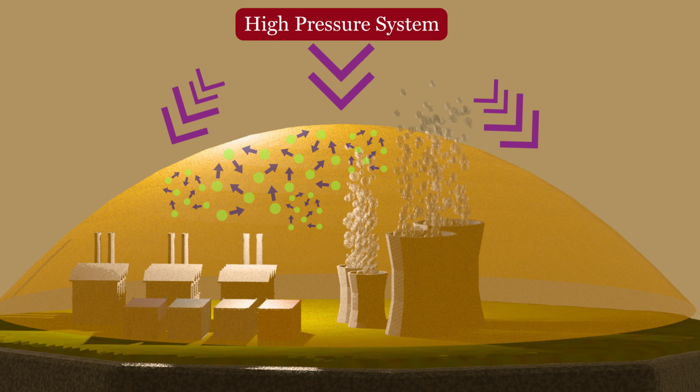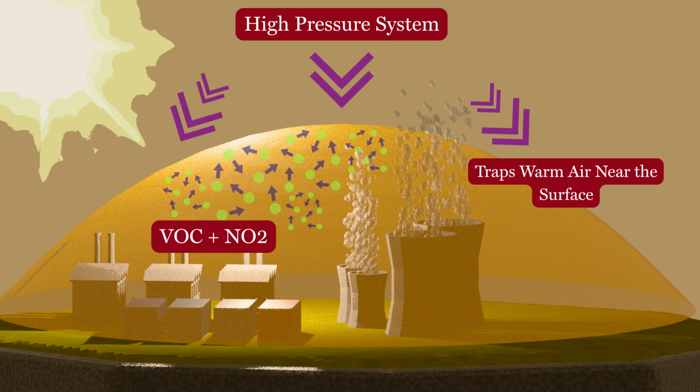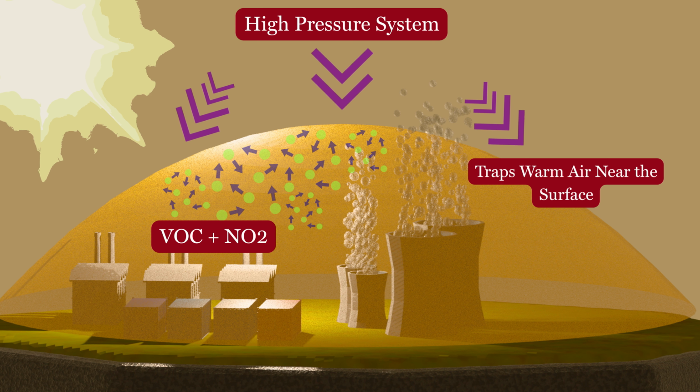This is often known as a temperature inversion, preventing the pollution from dispersing. So while it looks like a harmless haze, photochemical smog is actually a toxic mix of gases and particulates that can irritate lungs, damage vegetation, and reduce visibility.